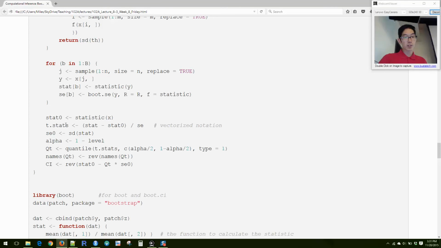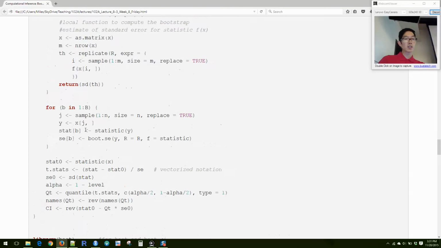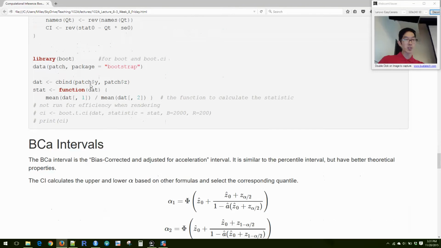So we get 500 t statistics. The standard error that we use here is just going to be the standard deviation of all of these statistics. But our choice of the t stars is based on the quantiles of the t statistics that we've calculated.